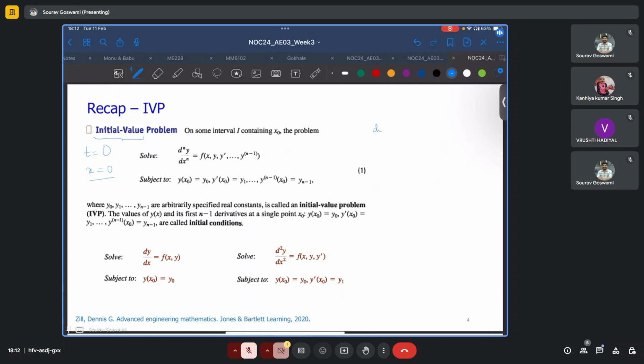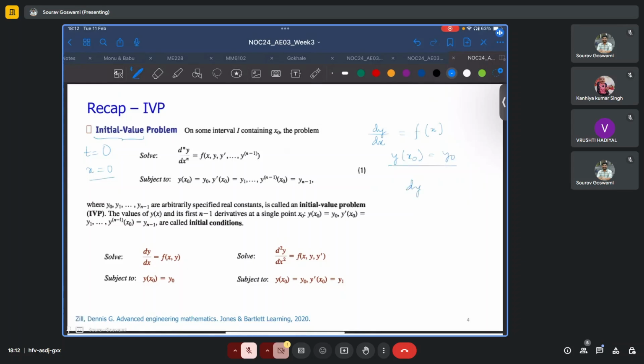So if this was only a first order differential equation, then you would have information only at one point.